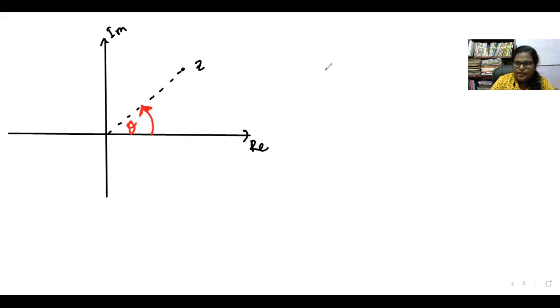When you treat questions, angles measured in this direction, anti-clockwise, we take as positive angles. Here also, just like this, we get arg values as positive angles, right?